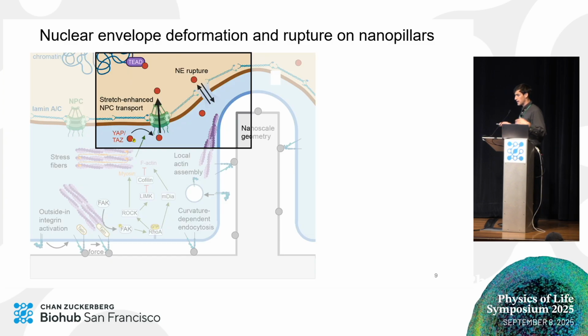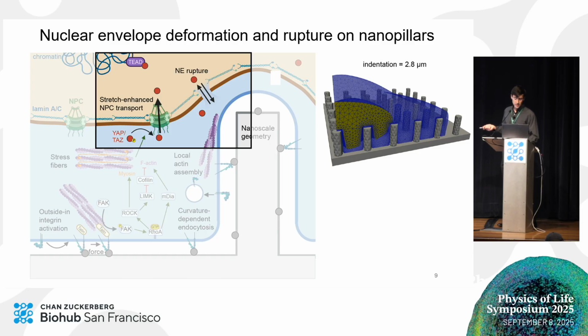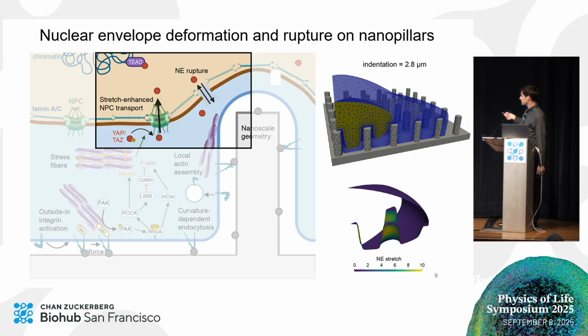So naturally, we wondered how this affects YAP/TAZ transport, due to both stretch of the nuclear envelope leading to enhanced entry through the nuclear pore complex, as well as nuclear envelope rupture. So we introduced nuclear indentations into our geometries, and we were able to compute associated stretches of the nuclear envelope.